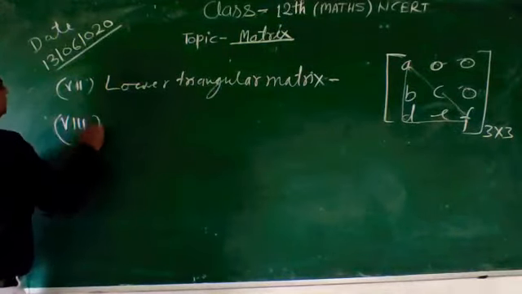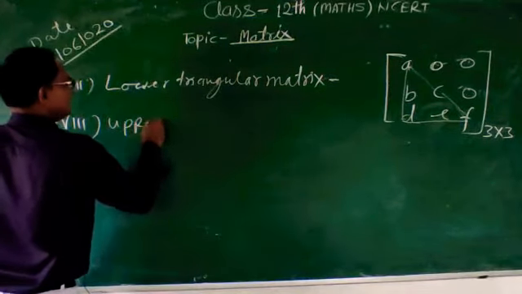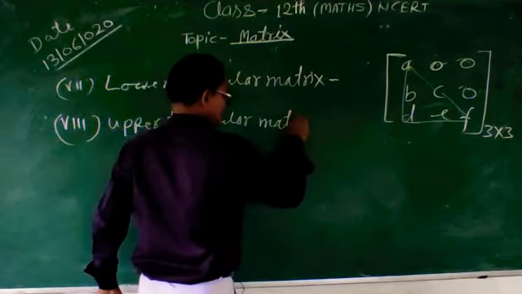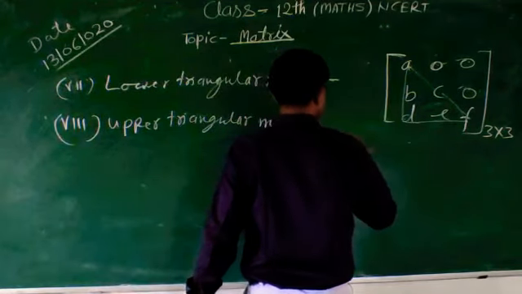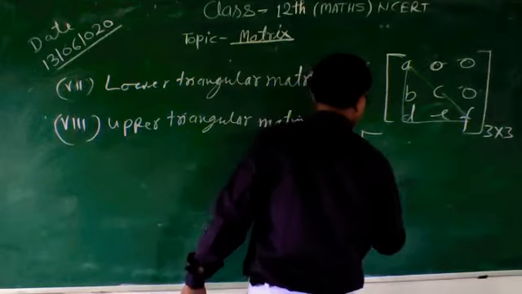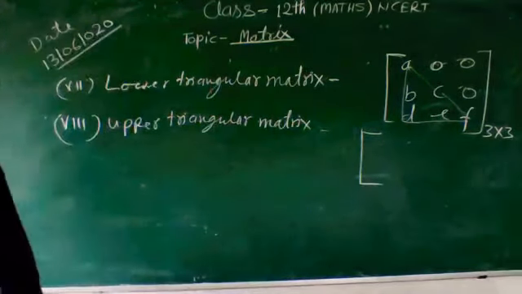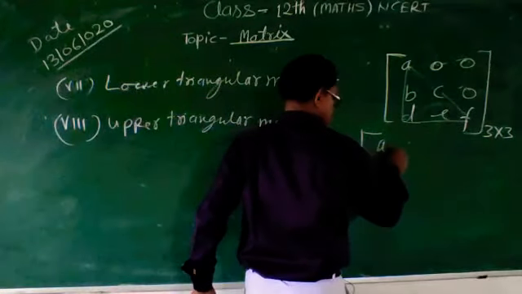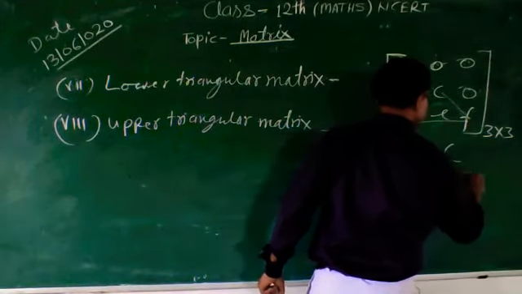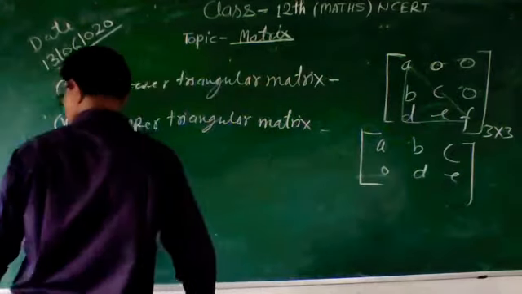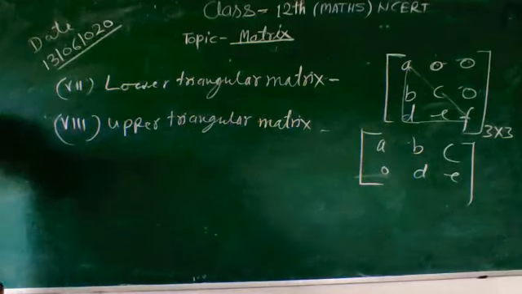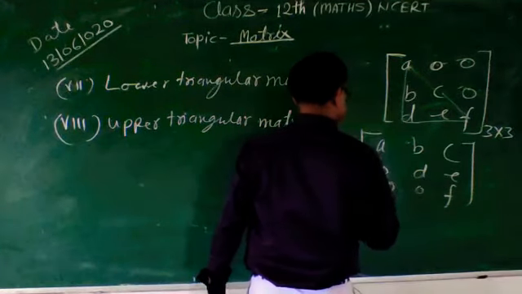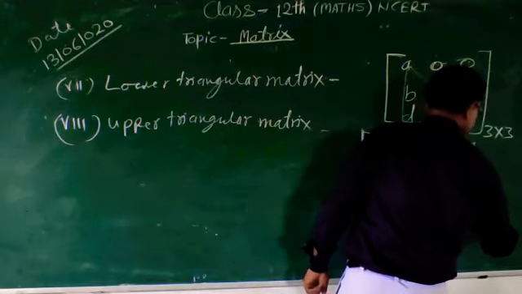Next, upper triangular matrix. In this case we show A B C, 0 D E, 0 0 F. The order of the matrix is 3 into 3.